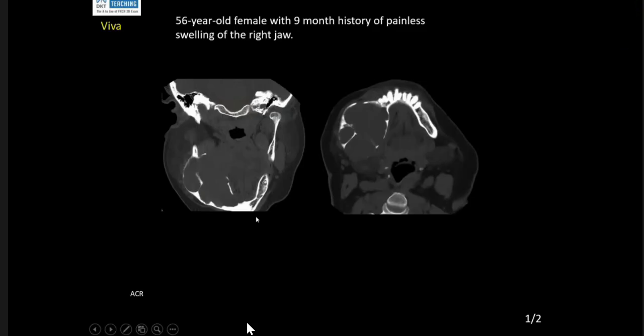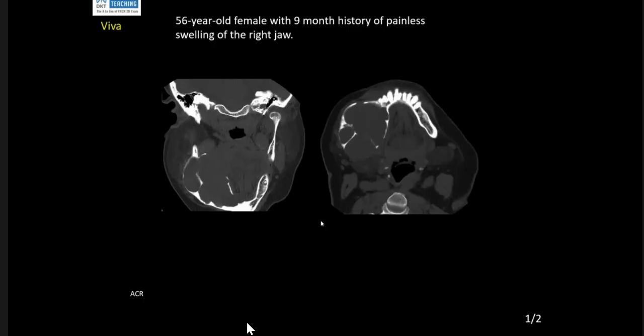These are the two spot images of the axial and coronal images focusing at the level of the mandible, bone window. There is an ill-defined large multilocular expansile lucent lesion involving the right side of the body and ramus of the mandible, which is causing scalloping, thinning, and pressure erosions of the underlying bone with resorption of the underlying teeth.